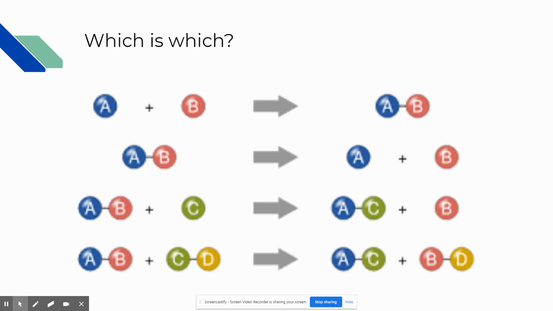Thinking about it, A plus B goes to AB, AB goes to A plus B, AB plus C goes to AC plus B, or AB plus CD goes to AC plus BD.